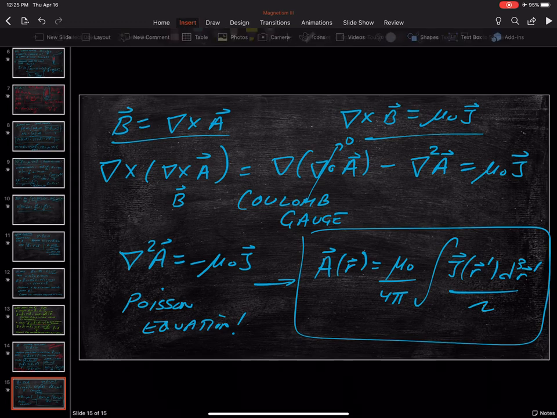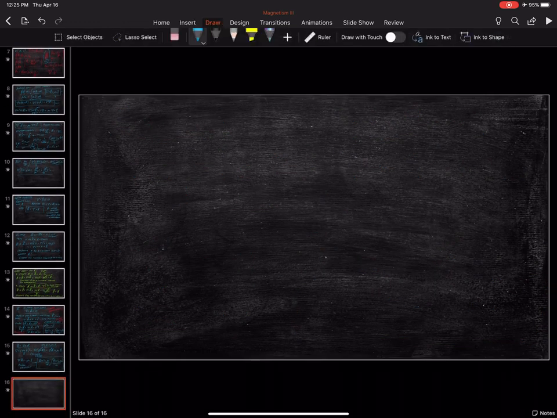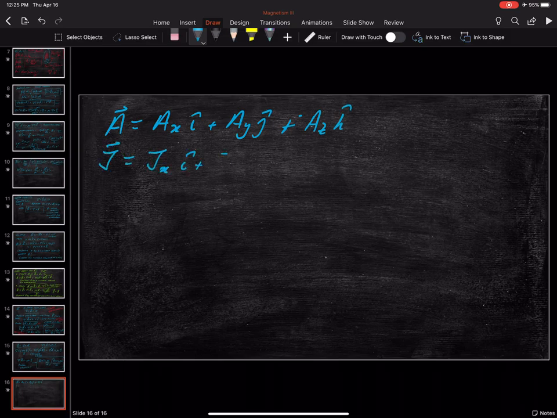But just to make sure you know what I'm talking about, remember, A is a vector. It's got some x component i hat plus some y component j hat plus some z component k hat. Similarly, J is also a vector. It's got some Jx i hat plus some Jy j hat plus some Jz k hat.